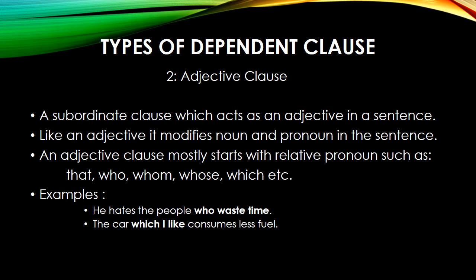Like an adjective, it modifies or adds information to a noun or a pronoun in the sentence. An adjective clause mostly starts with relative pronouns such as that, who, whom, whose, which, and many more.